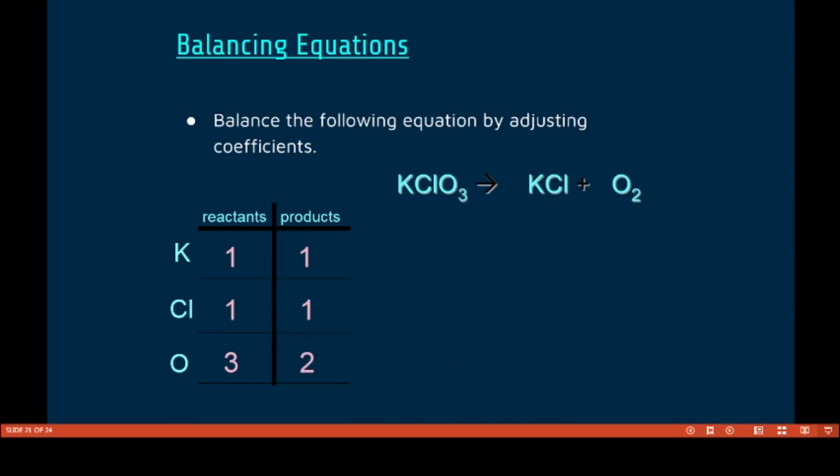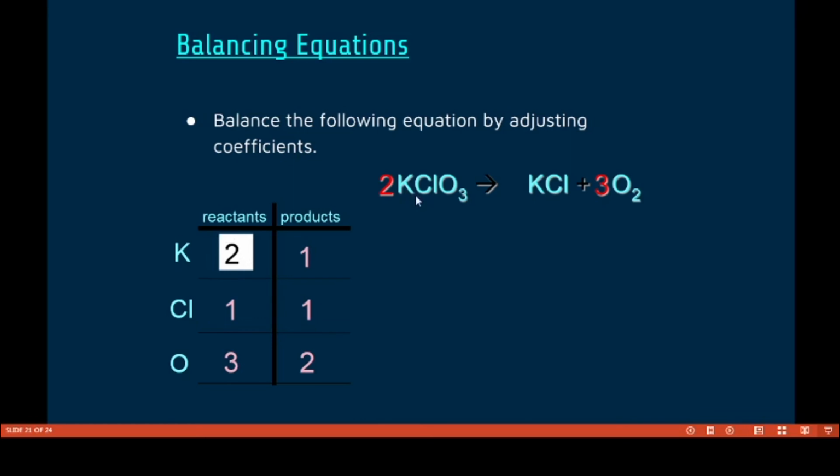Potassium and chlorine are balanced, but oxygen is not balanced. First balance the oxygen: add 3 here and add 2 there, so you get 3 2s are 6 oxygen.